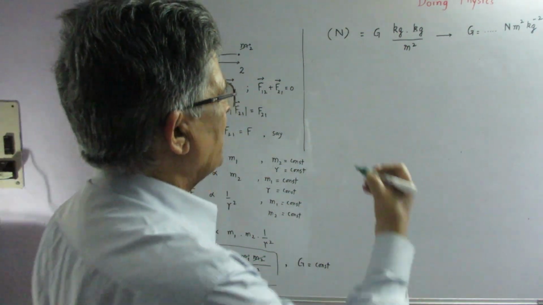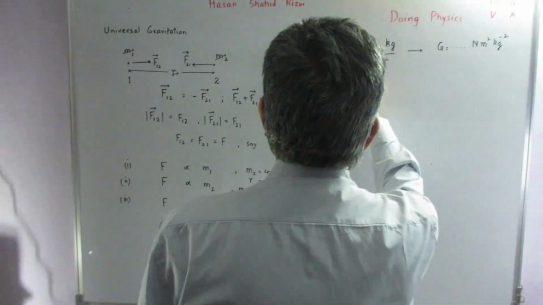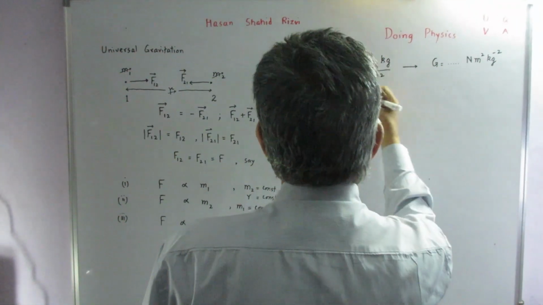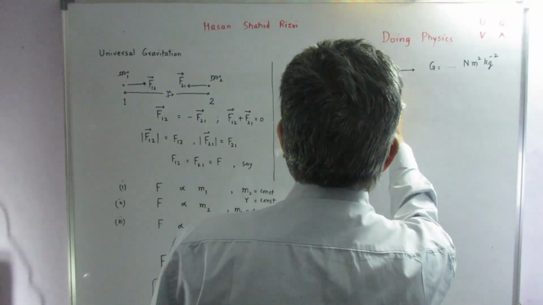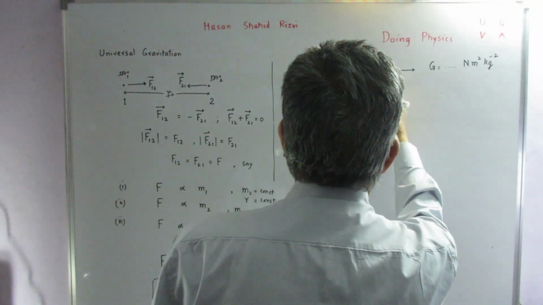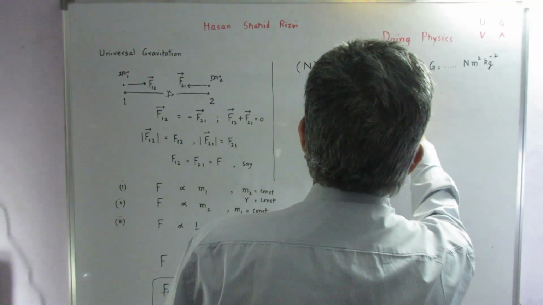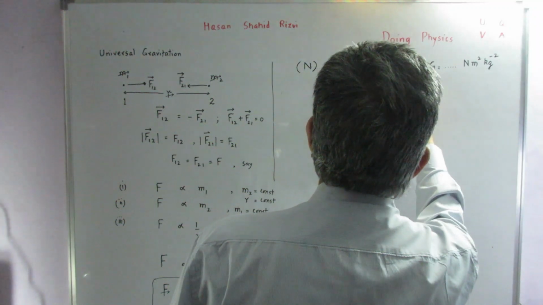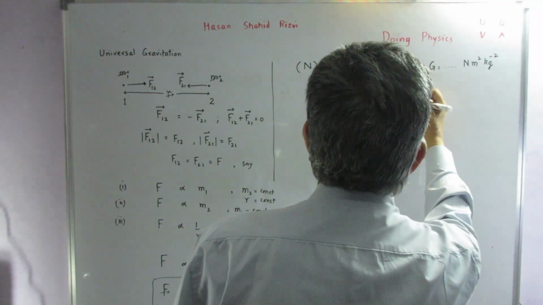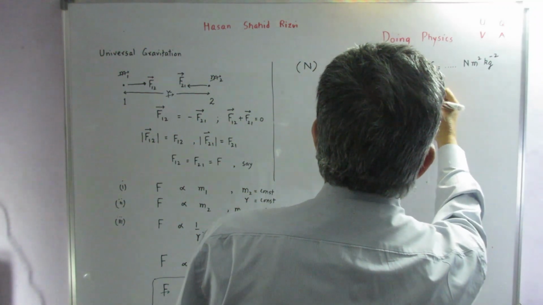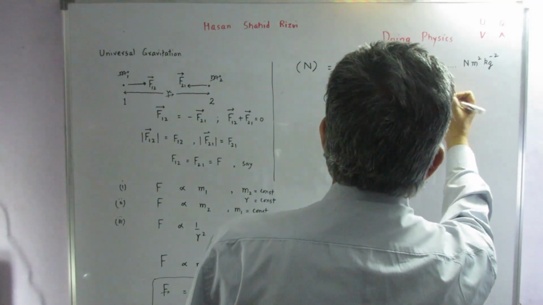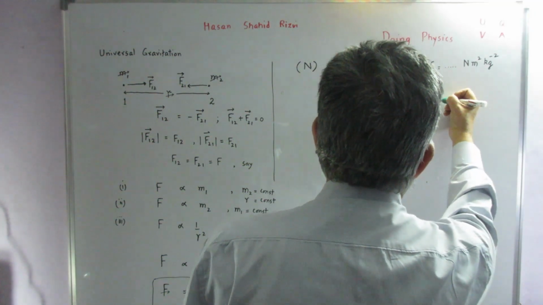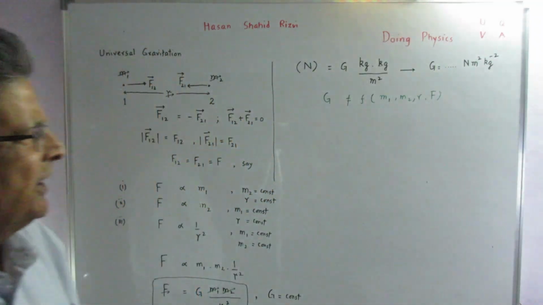I can say that this constant capital G is not a function of the variables M1, M2 and R, and the resulting force F does not depend upon any of these things.